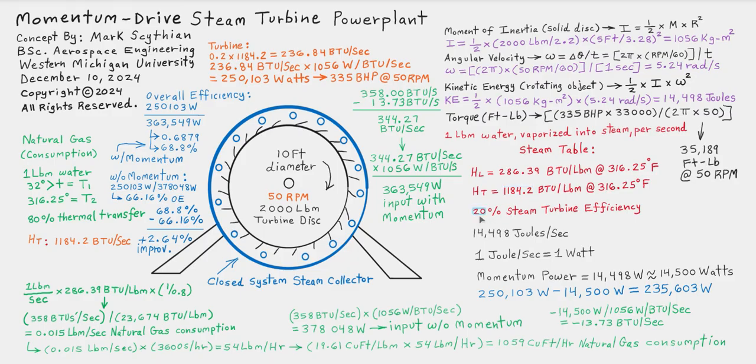But the catch is we only get a 20% steam turbine efficiency. Only 20% of that steam can be turned to mechanical power to drive this large steam turbine disc. Alright, so we'll use the optimized steam temperature for steam dynamics, 316.25.